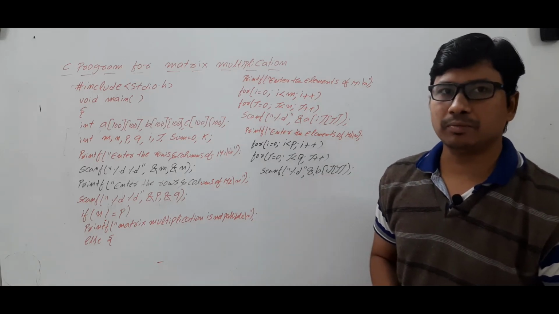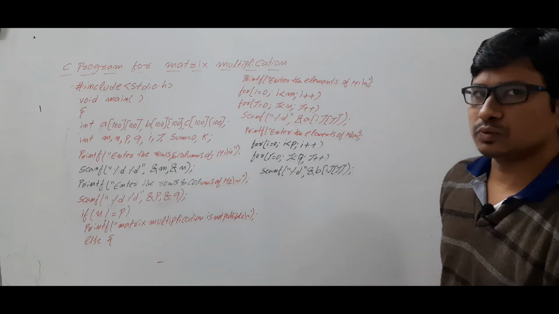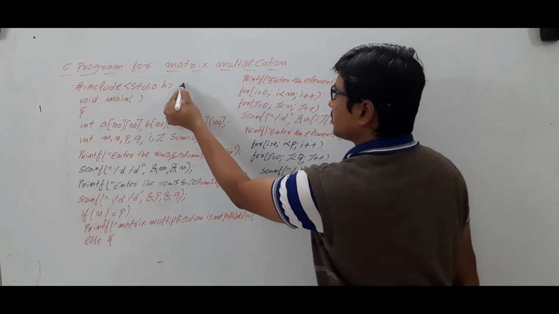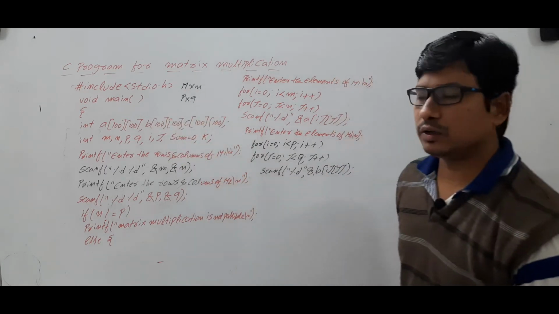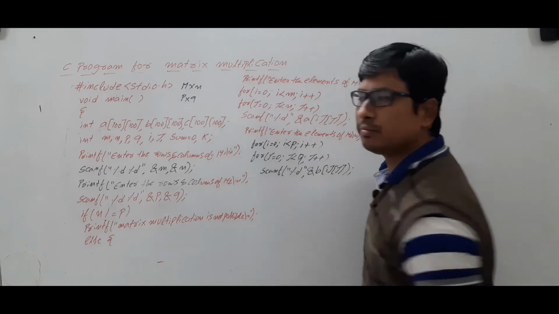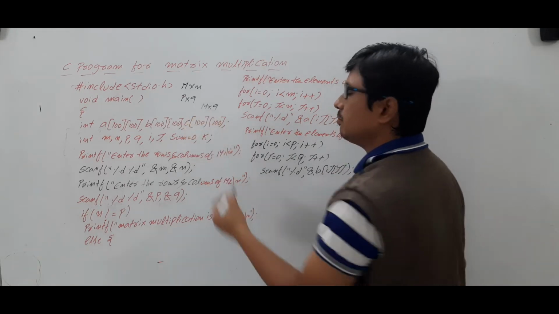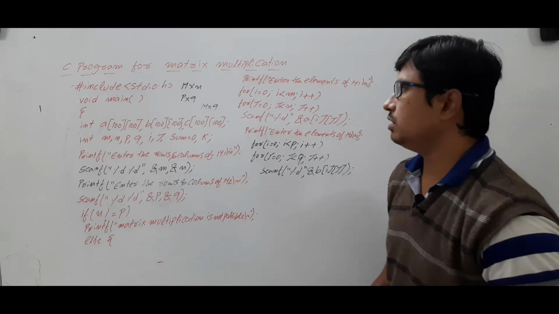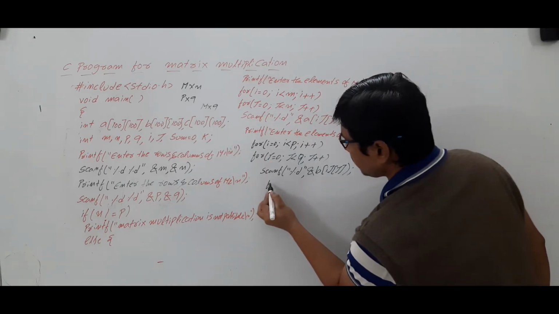Now you need to perform the matrix multiplication. So how will you perform it? If you have a matrix of m cross n and another matrix of p cross q, then after performing the matrix multiplication, the result will be m cross q. Am I right or wrong? With this, let me write the program.